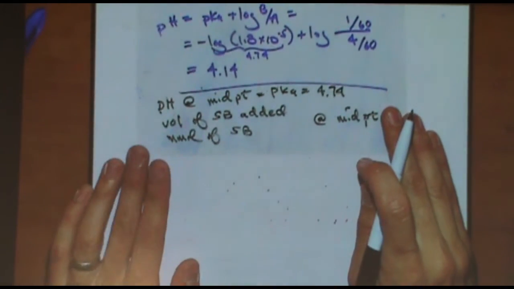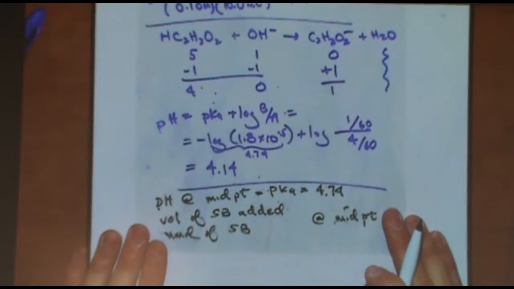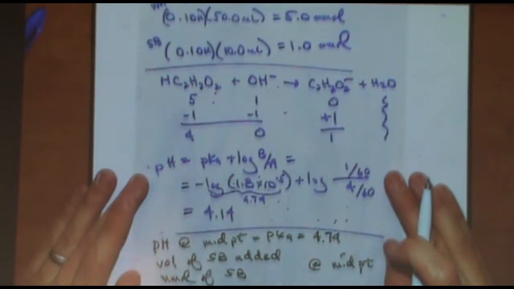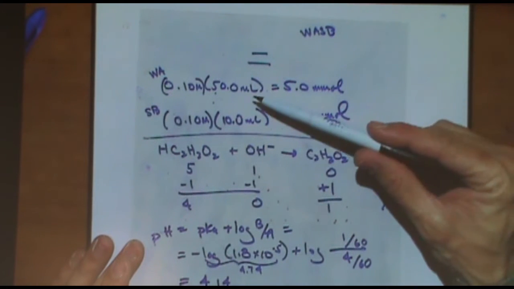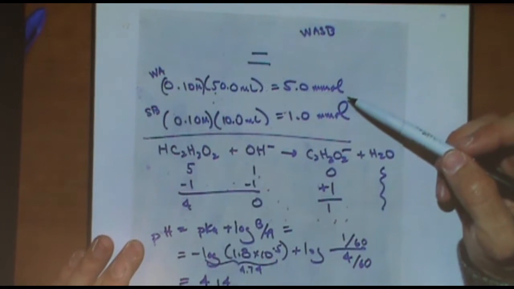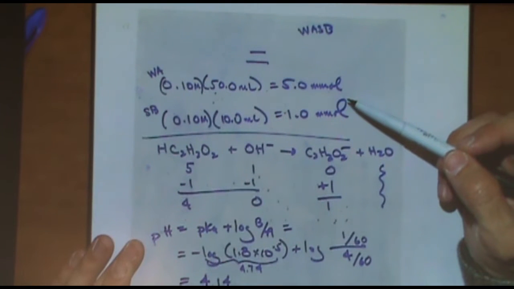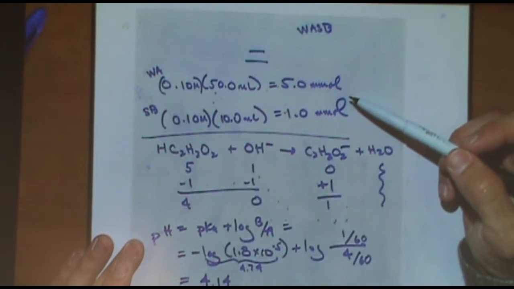Let's rewind a little bit. How much of the weak acid do I have? 50 milliliters, 0.1 molar, so a total of 5 millimoles. Okay? So how many millimoles of the strong base am I expecting at the midpoint?